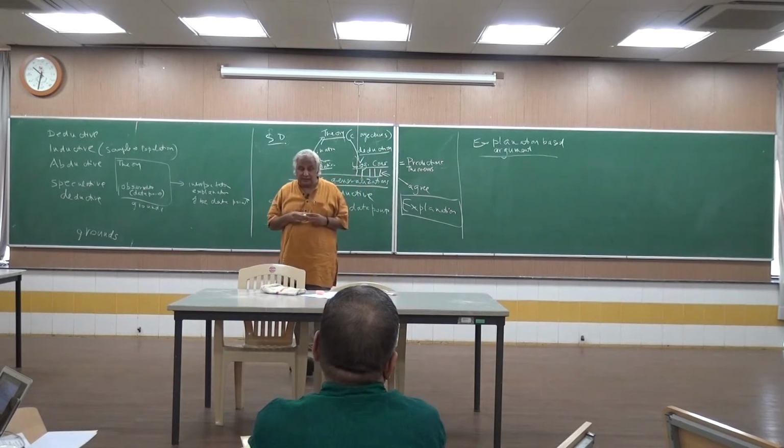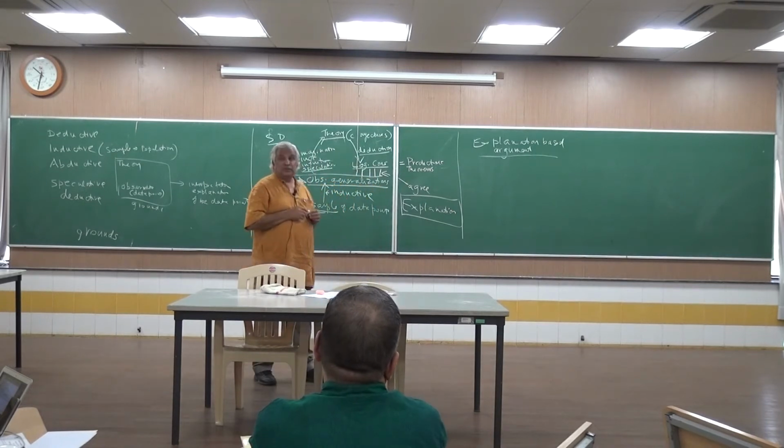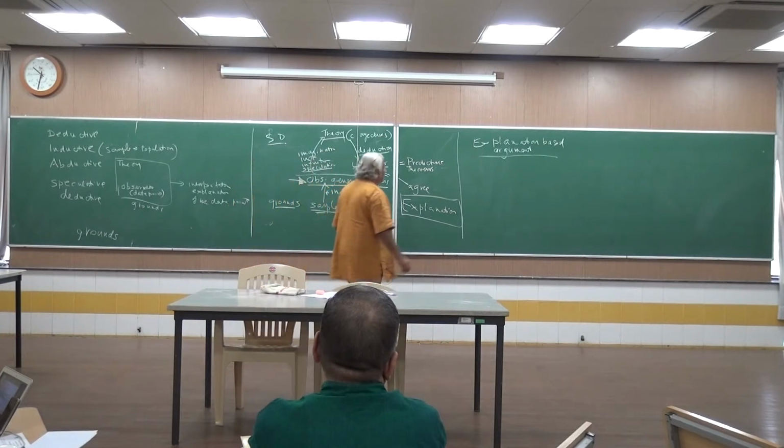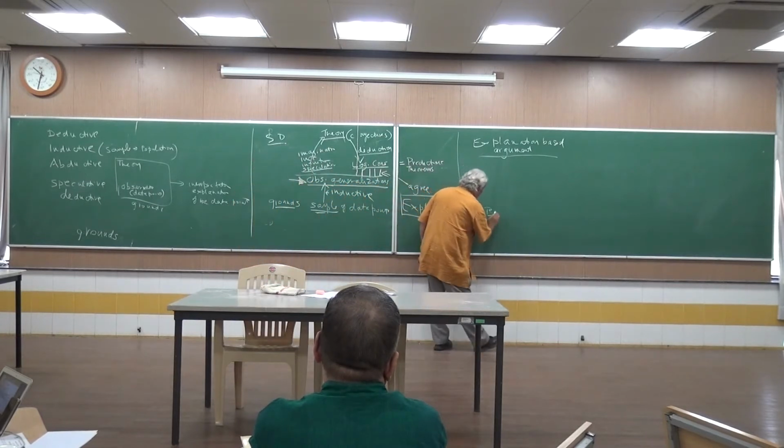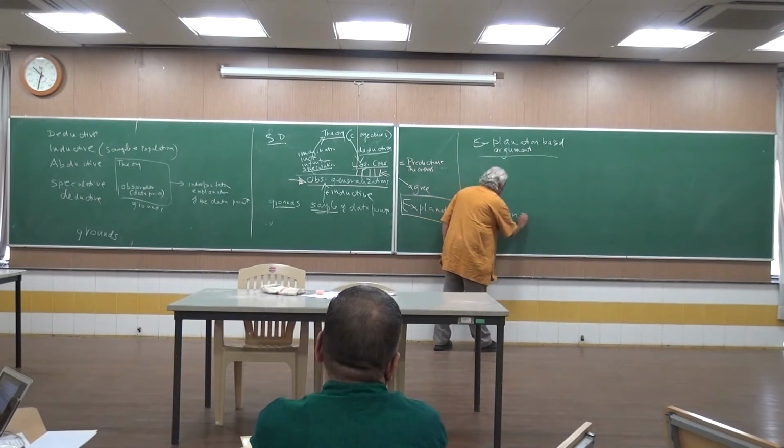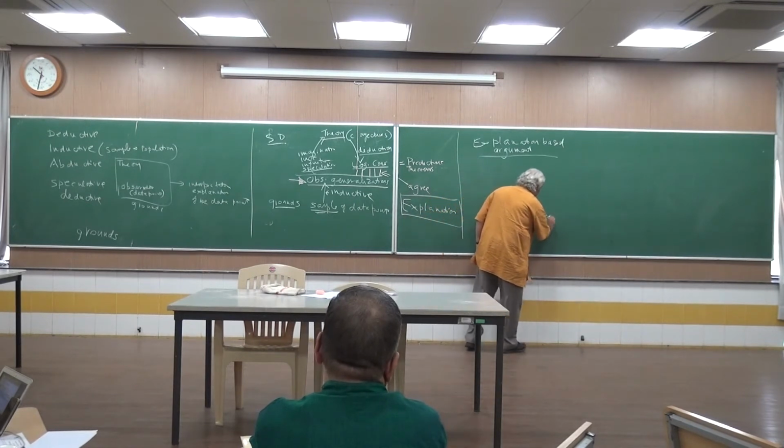A simple example would be Einstein's explanation for what has been called Brownian motion.